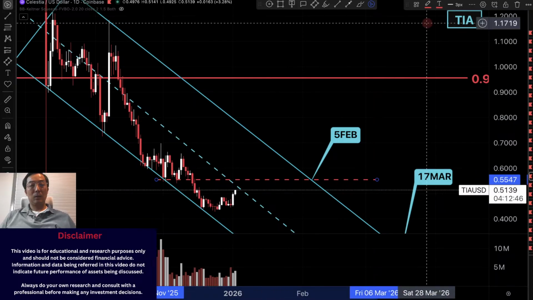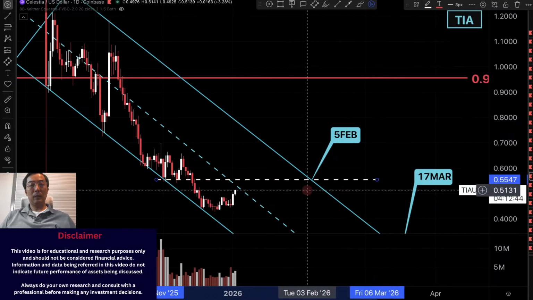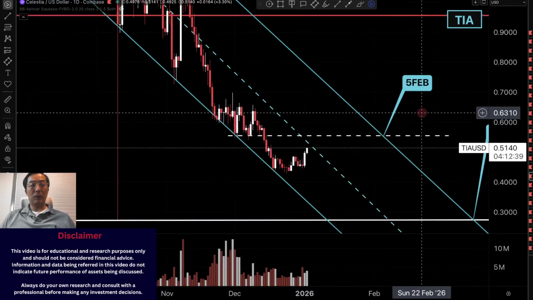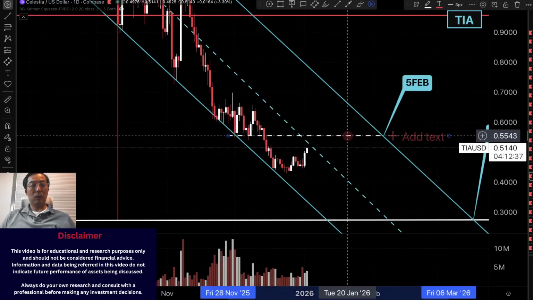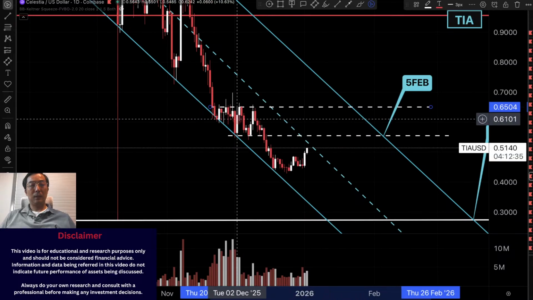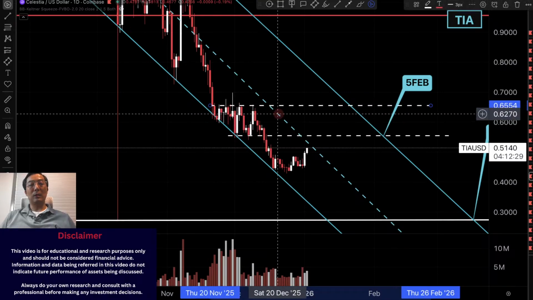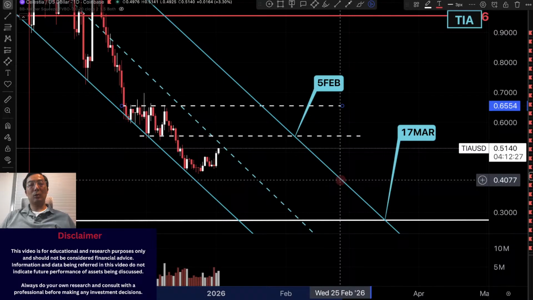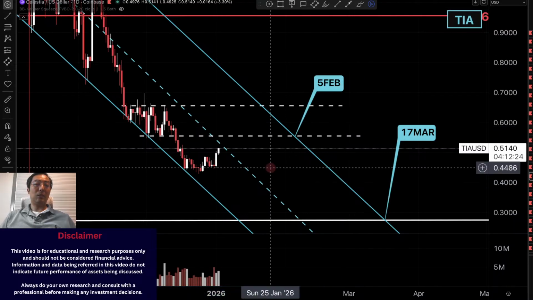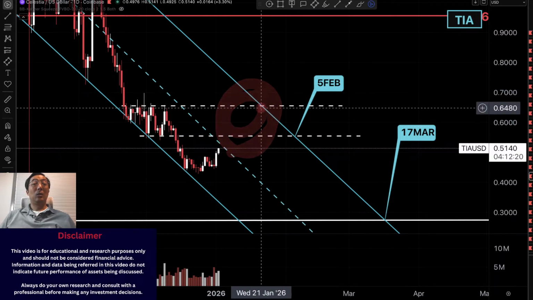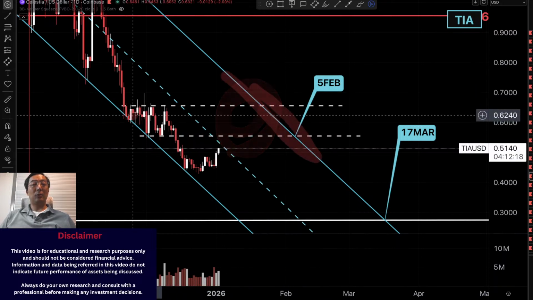So not only this 55 cents level, that certainly is going to be the near-term resistance. I'm talking more about this level. This particular period, during the end of November all the way into mid-December, that was the resistance. That's around 65 cents. So these two dashed lines are the ones that we have to closely observe in addition to the downtrend box.